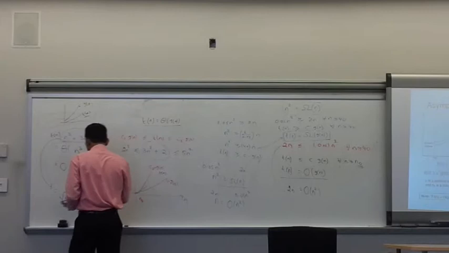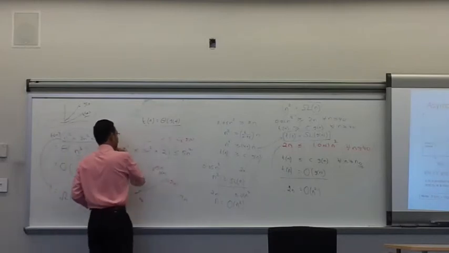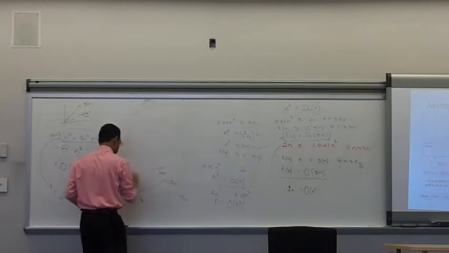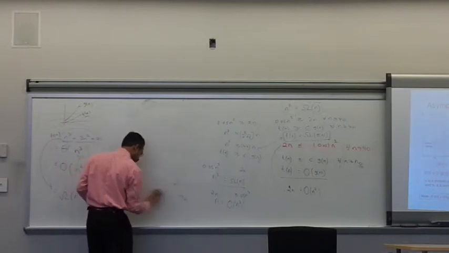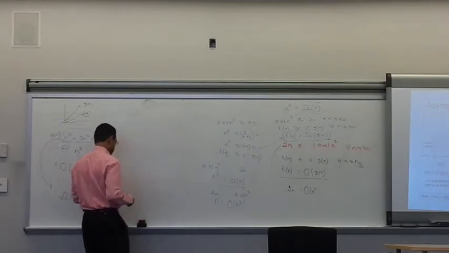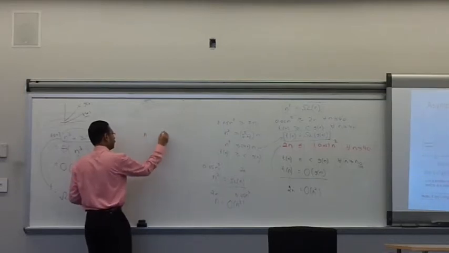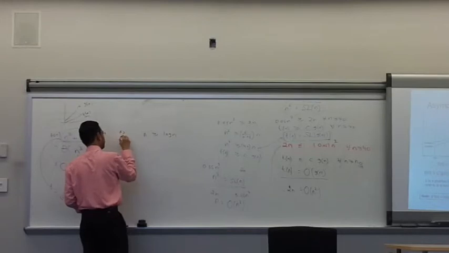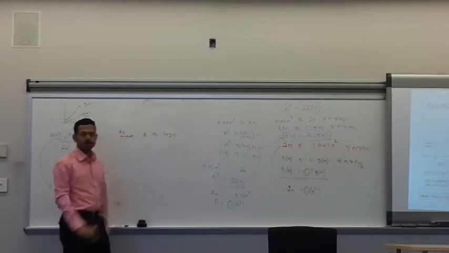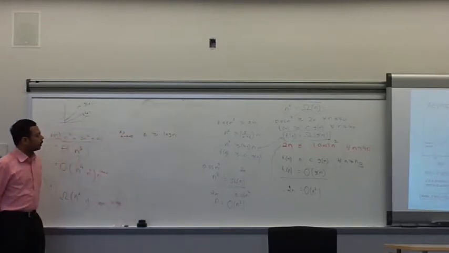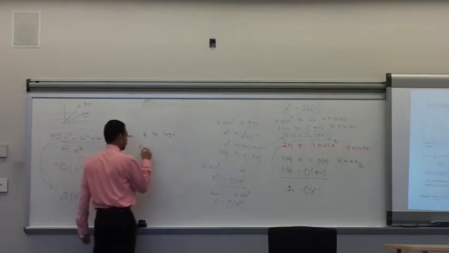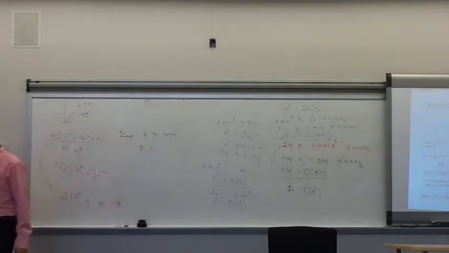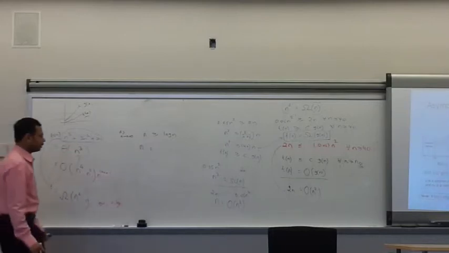So comparing n and log n, which grows faster, n or log n? n, right? You all know that. So n grows faster than log n as n tends to infinity. So what can we say? Is n big O, theta, or omega of log n?